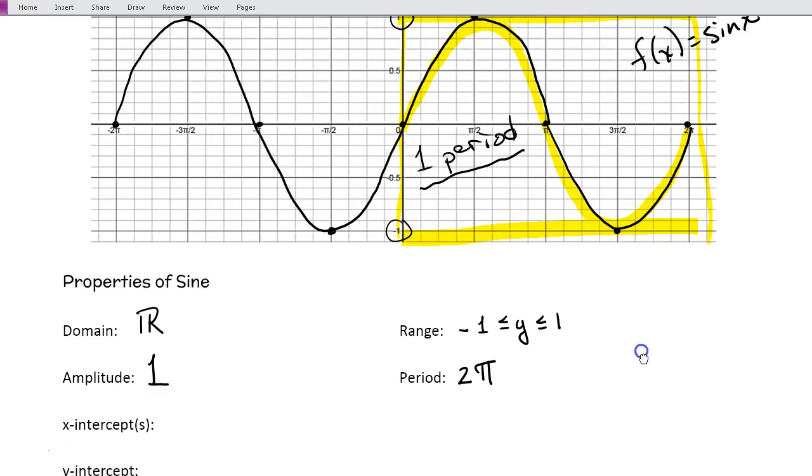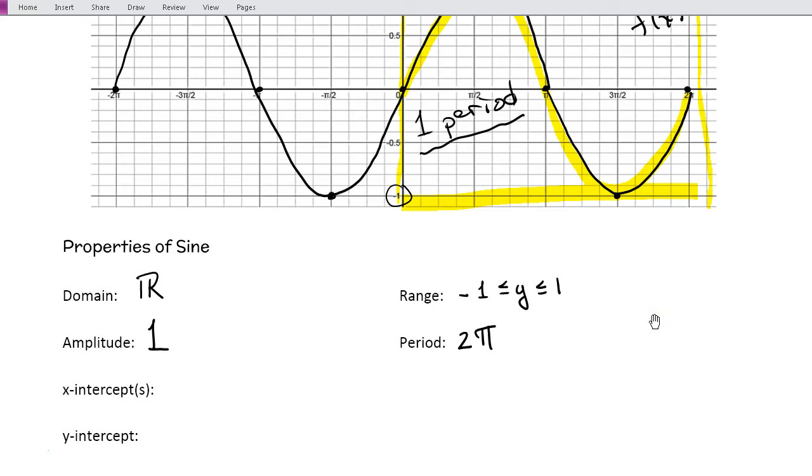Okay, and then we have x-intercepts. Since we only have 2 periods, we only have a handful of intercepts, but this is going to go on forever. We can see that there's an intercept at 0, at pi, at 2 pi, there would be another one at 3 pi, and one at -pi.